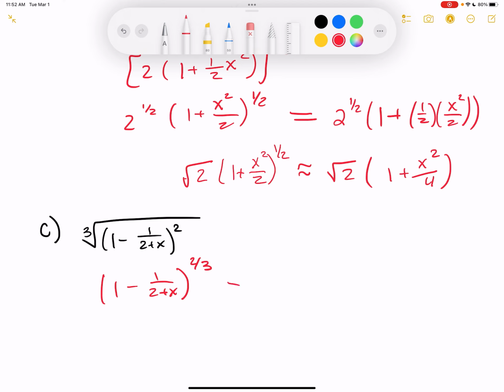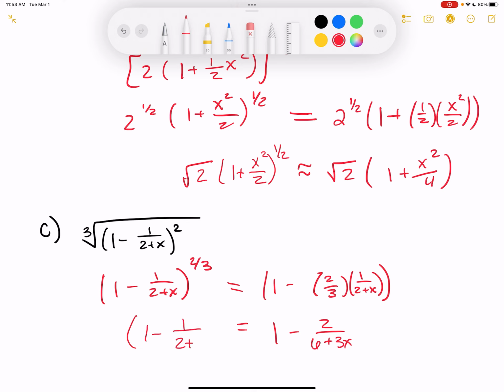So then now we just need to basically put this 2/3 in front. So 1 minus 2/3 times 1 over 2 plus x. So then this equals 1 minus 2 over 6 plus 3x. So there.